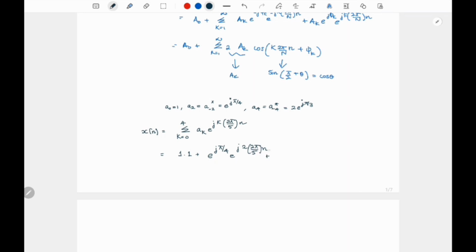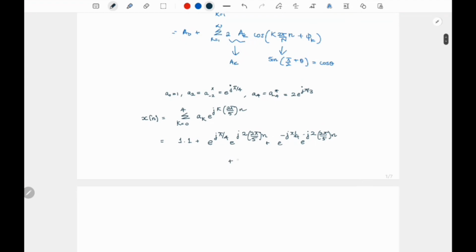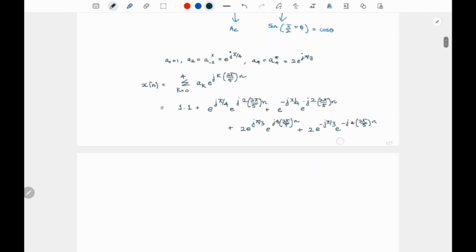And I will also have a_{-2}, which is nothing but e^{minus j pi by 4} e^{minus j 2 into 2 pi by 5 n}. And I have a_4, so it is 2 e^{j pi by 3} e^{j 4 into 2 pi by 5 n} plus 2 e^{minus j pi by 3} e^{minus j 4 into 2 pi by 5 n}.